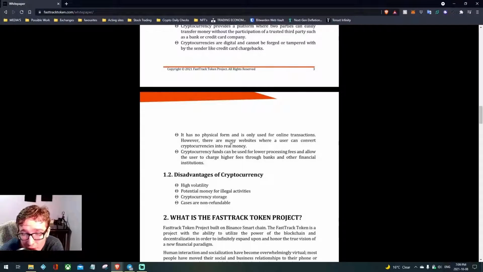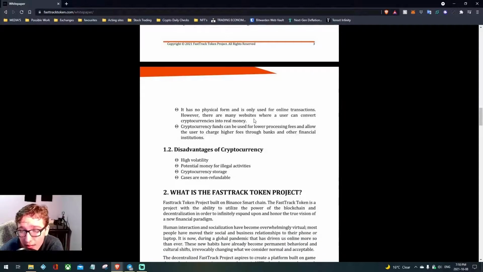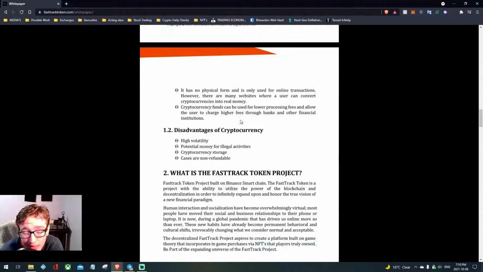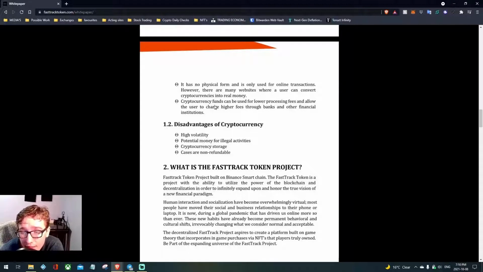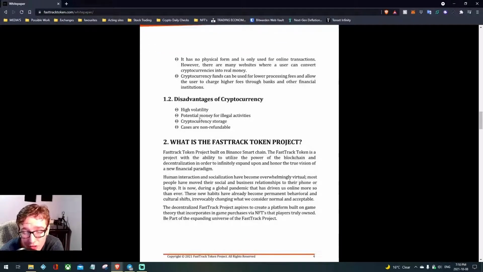It has no physical form and is only used for online transactions. However, there are many websites where a user can convert cryptocurrencies into real money. Cryptocurrency funds can be used with lower processing fees, whereas banks and other financial institutions charge higher fees.